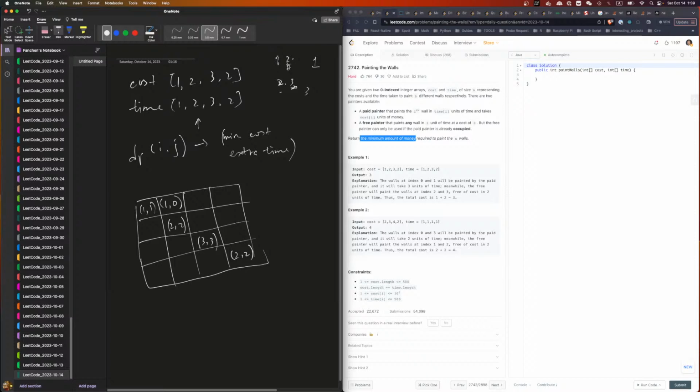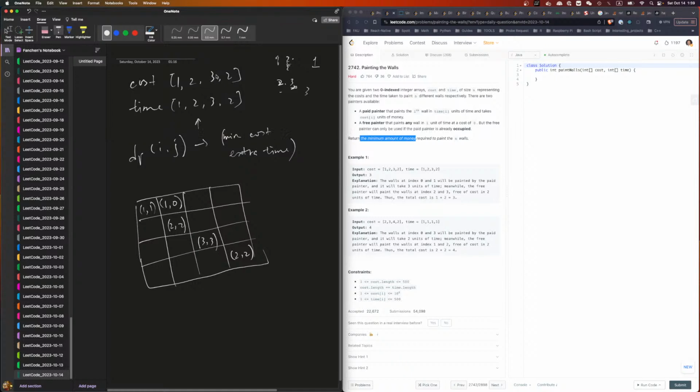Then we have extra time, right? For this, we have 2 extra time. If I take 2, I'll have 2 extra time. And then this wall can be painted, right? So I have a bunch of walls that can be painted previously.